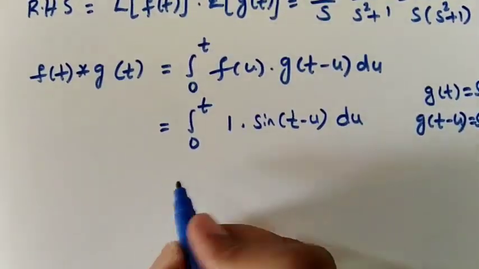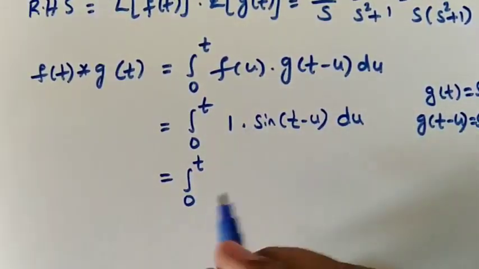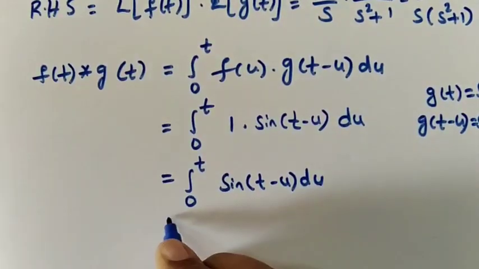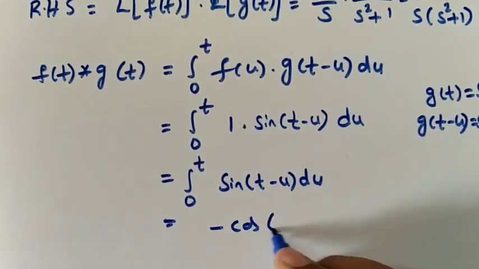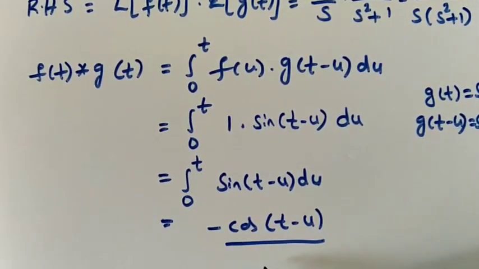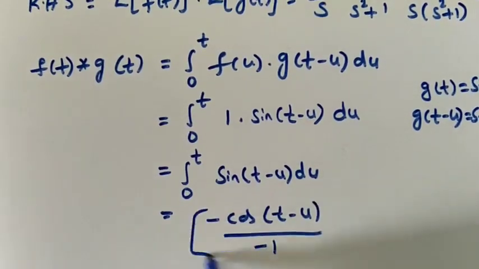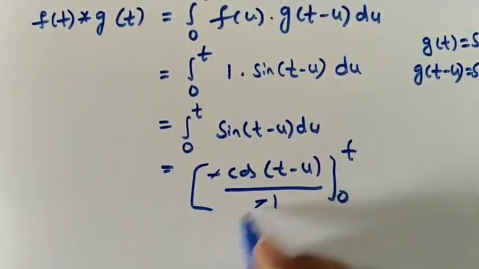Now we will integrate it. Integral 0 to t of sin of t minus u into du. If you integrate, sin integration is minus cos of t minus u divided by, again if you differentiate this, minus u differentiation becomes 1. The limits are 0 to t. Now minus minus you can cancel.